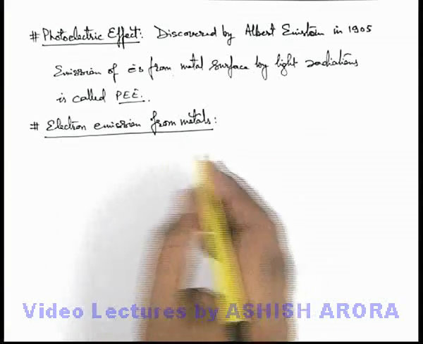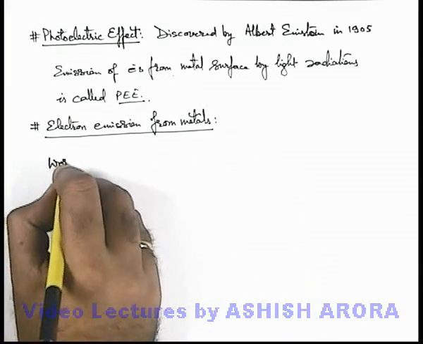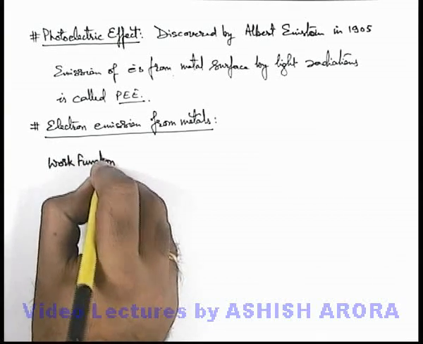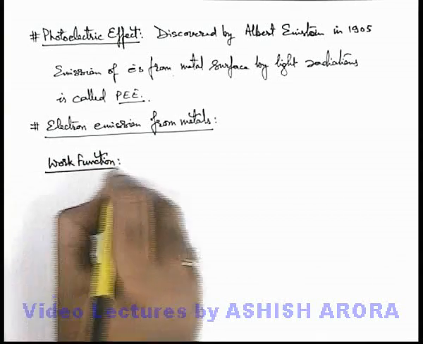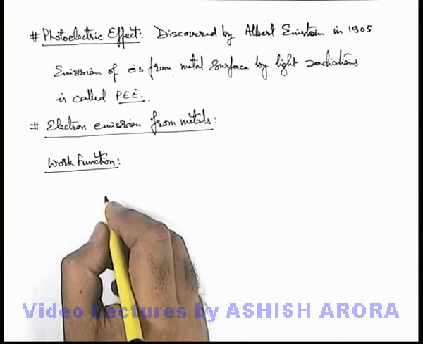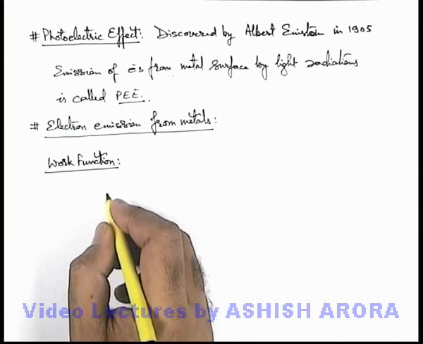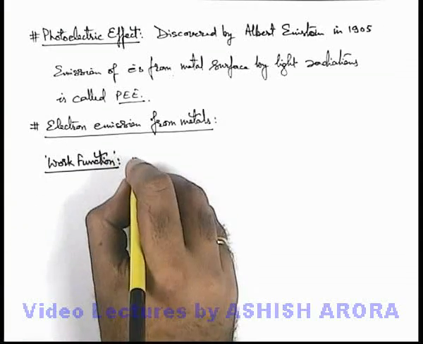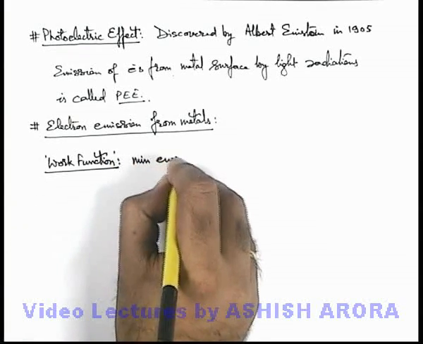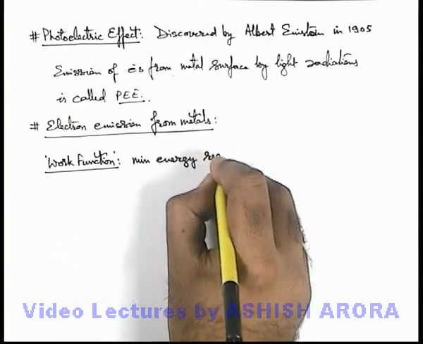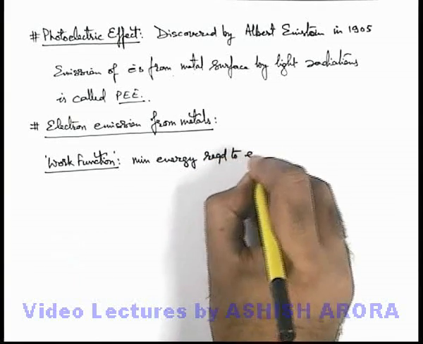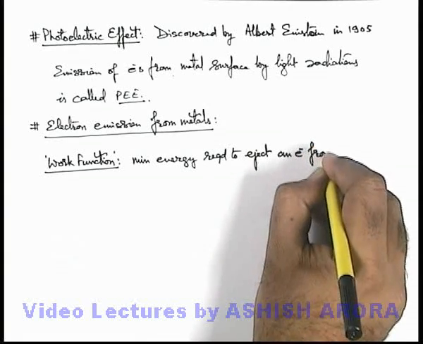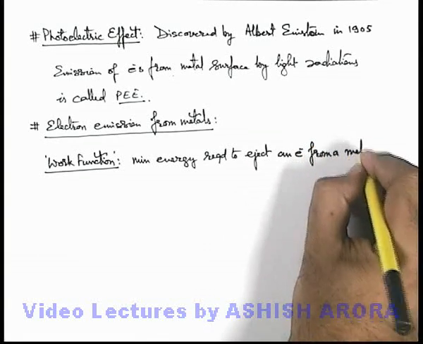And this minimum energy we call work function. Like in case of an atom, the minimum energy required to remove an electron from an atom is called ionization energy. Similarly, work function is a specific term which is defined as minimum energy required to eject an electron from a metal surface.